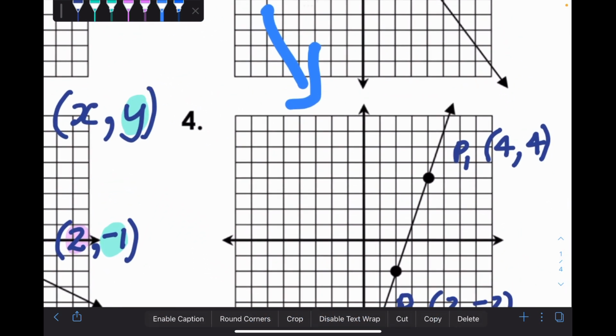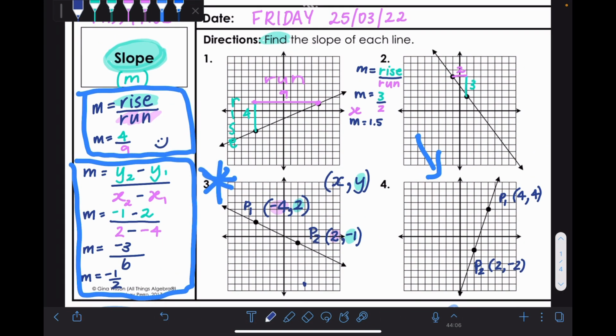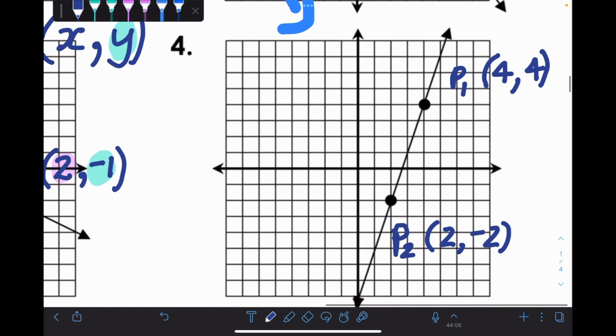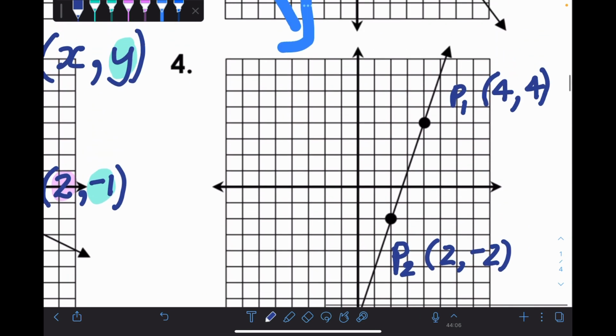Oops. And I'm going to put that into my formula. Why does that keep doing that? That's so annoying. I don't really have enough room, do I? I'll just do it over here, I suppose.